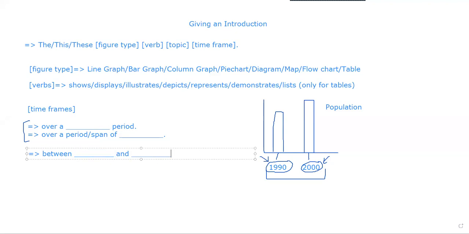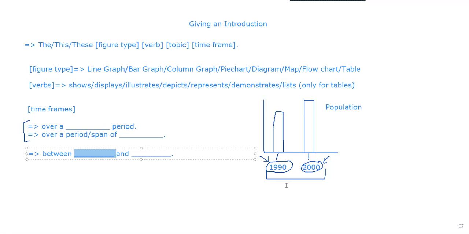For the first blank after the word between you put the starting point of the time frame. For example, what is the starting point of this time frame? 1990. And what is the ending point? 2000.